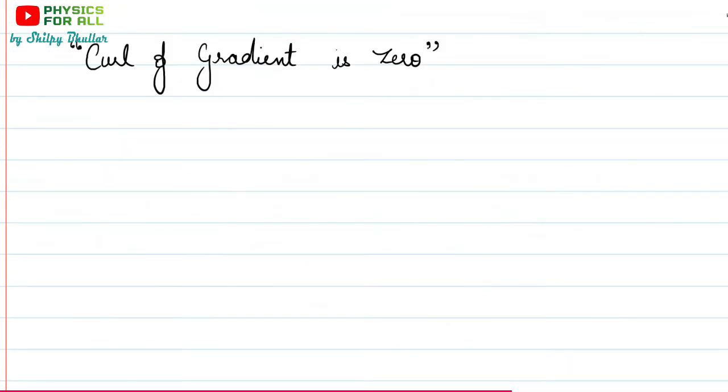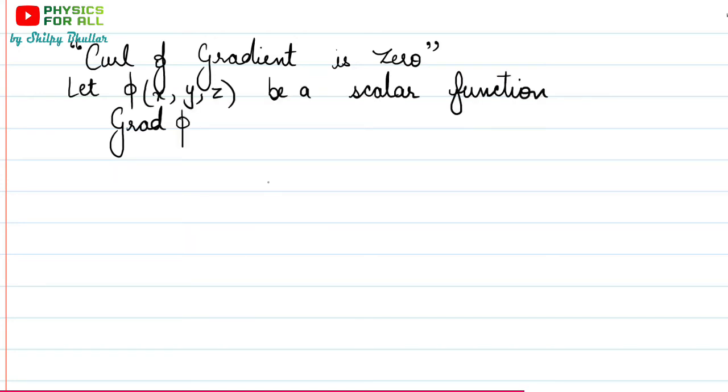Now let's discuss curl of gradient is 0. You should remember that gradient is always found of a scalar quantity, and curl is always found of a vector quantity. So first we'll find gradient of a scalar quantity, and we say it is phi. So phi is a scalar function, definitely depending on x, y and z.